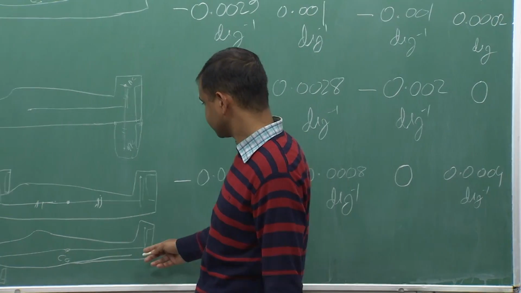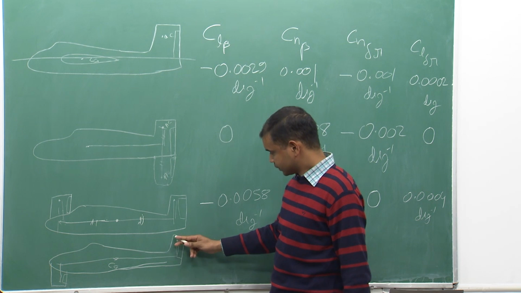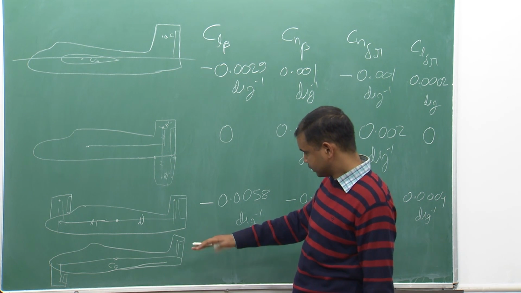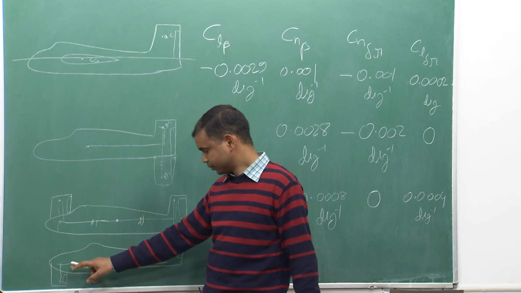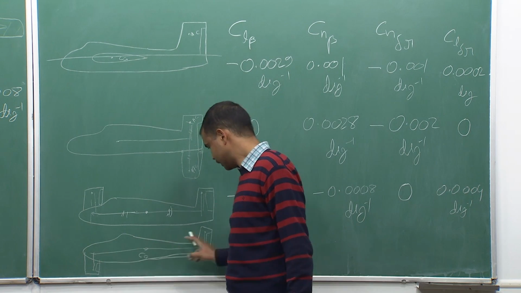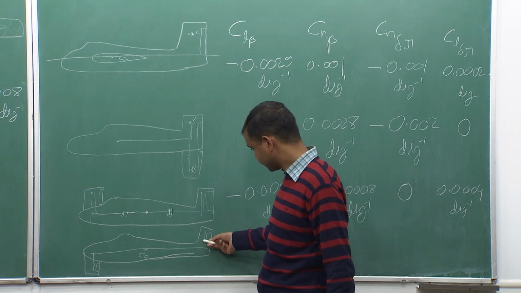So, for this configuration, the Cl beta, due to this vertical tail, has a tendency of the negative roll for the positive beta, and for the positive beta this surface will have a tendency of the positive roll. So, net will become 0, because both have the equal moment arm for the roll.